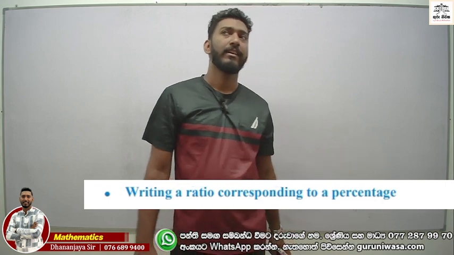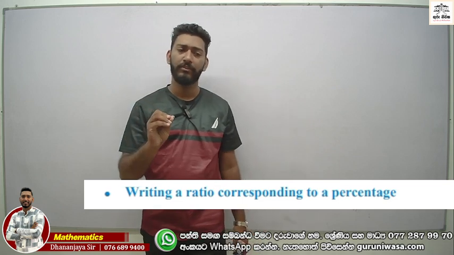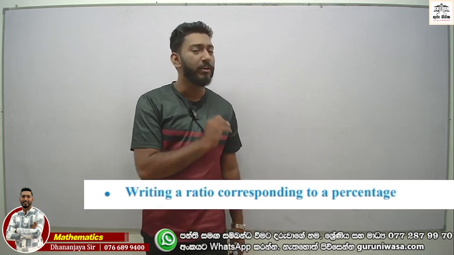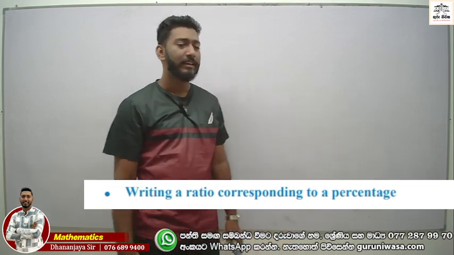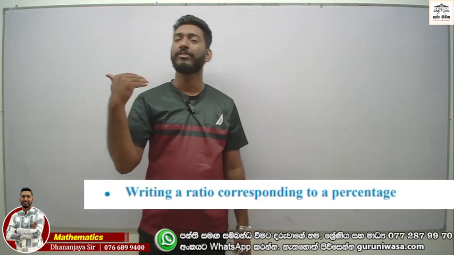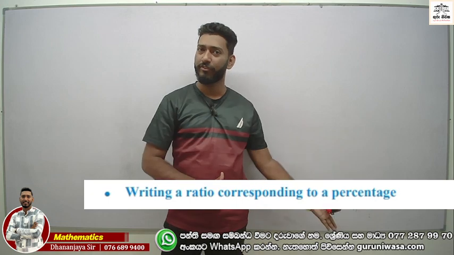Right. Now, firstly, we are going to discuss how to write a ratio relevant to the percentages, right? Now, write the subheading as writing a ratio corresponding to a percentage, right? That means percentage, how to write as a ratio, right?